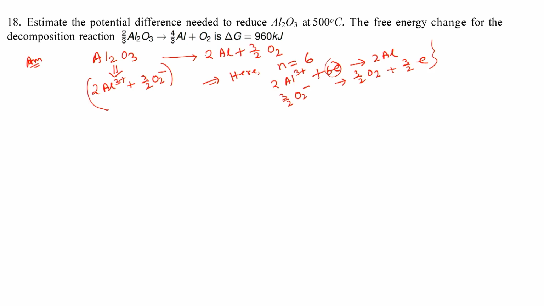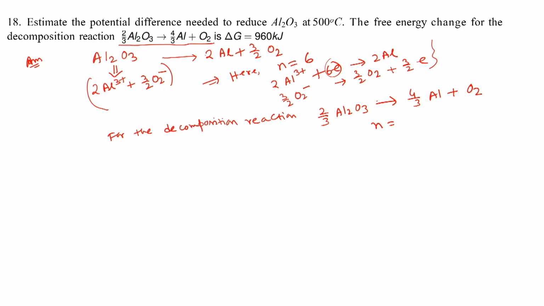So for the decomposition reaction, 2 by 3 Al2O3 goes to 4 by 3 Al plus O2, for 1 mole Al2O3 n was 6, so for 2 by 3 Al2O3, n will be 2 by 3 times 6.